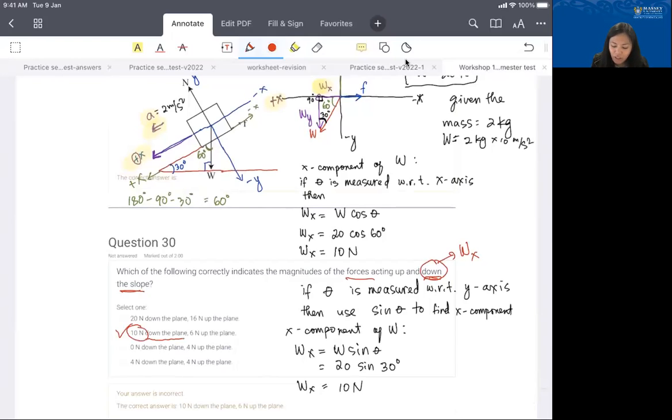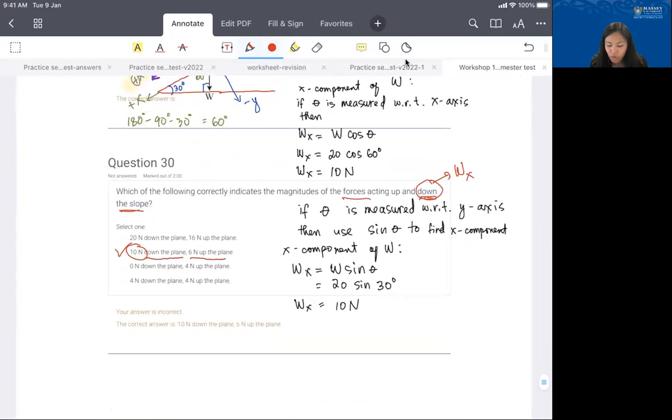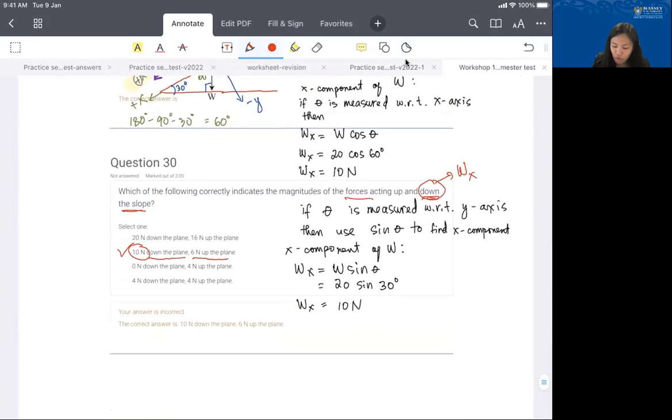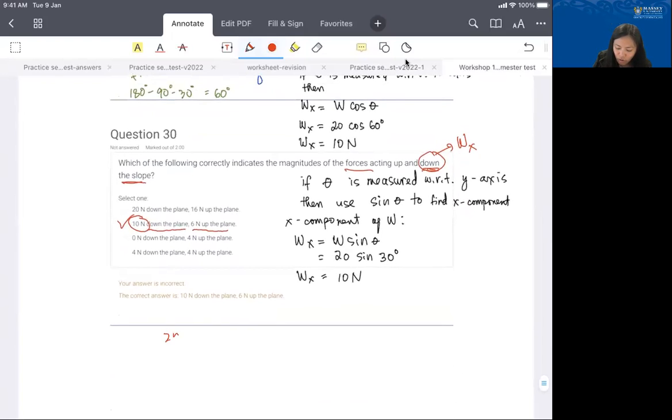Up the plane, so how do we get this 6 newtons up the plane? We use Newton's second law of motion. Net force along the x, because that's where your motion is, is equal to mass times acceleration, right?